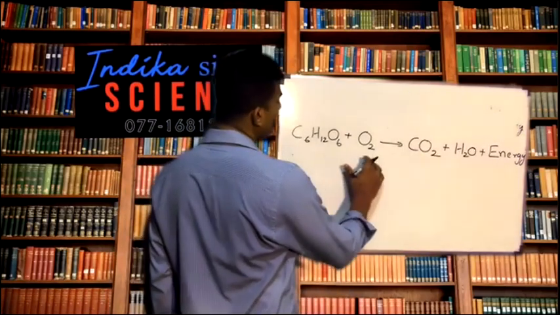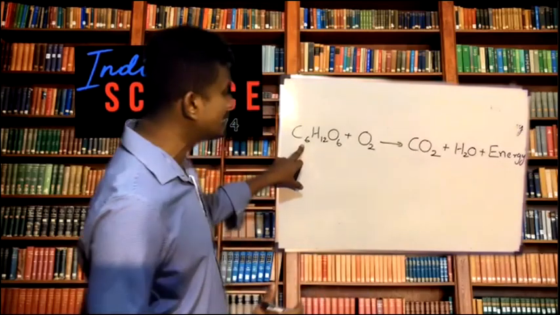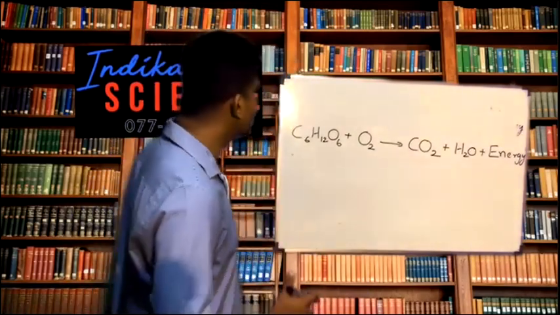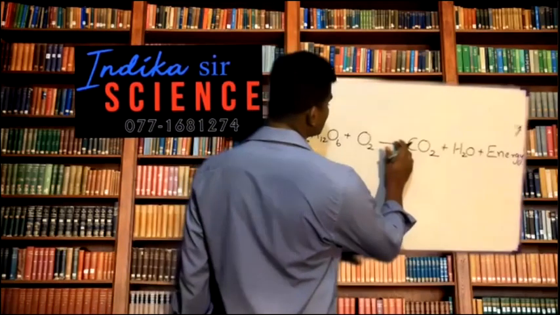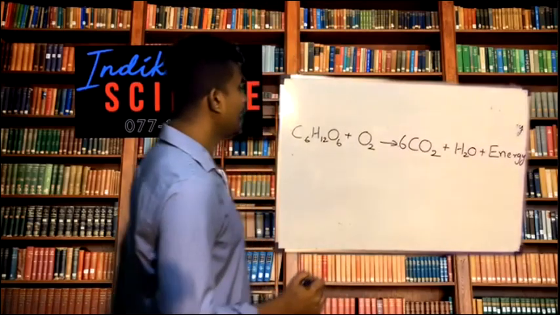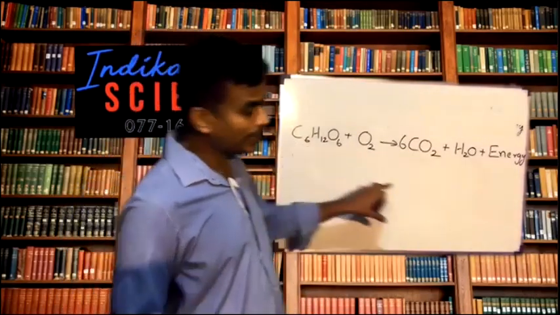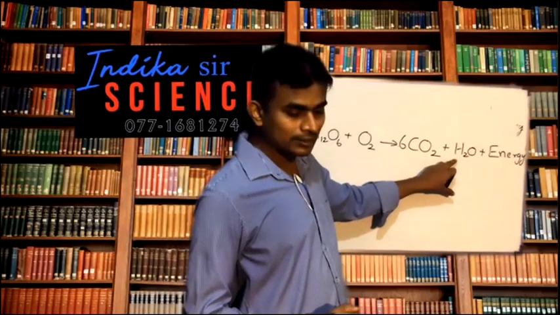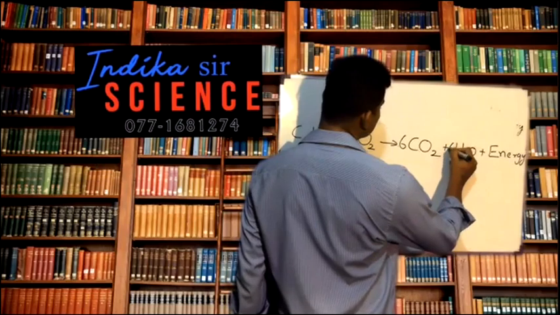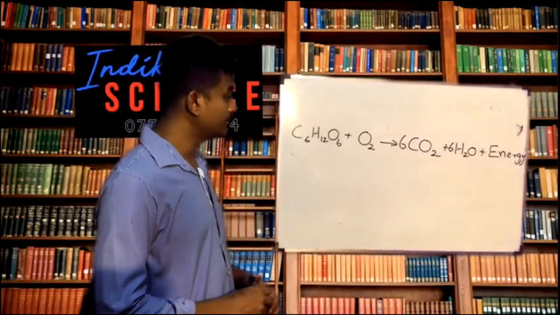Initially, you can see there are 6 carbons on this side, so the product side should also have 6 carbons. In order to balance, I can put 6 carbon and 12 hydrogen on this side. To balance the hydrogen, I can put 6 here. Now check the number of oxygen atoms.